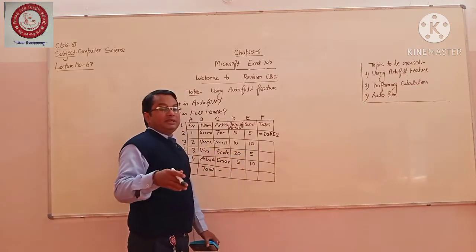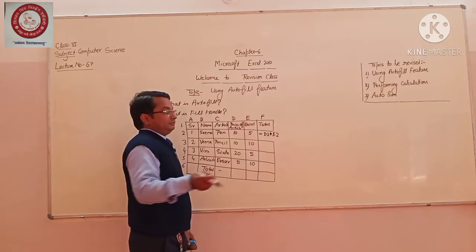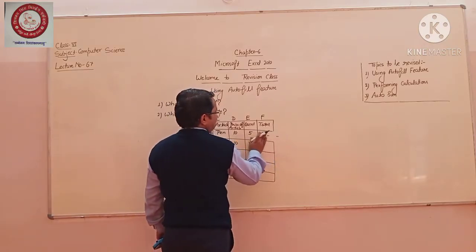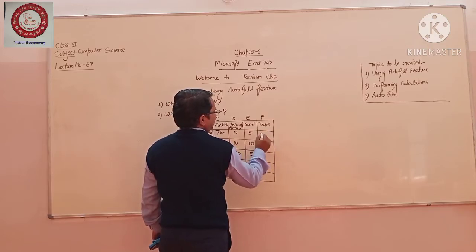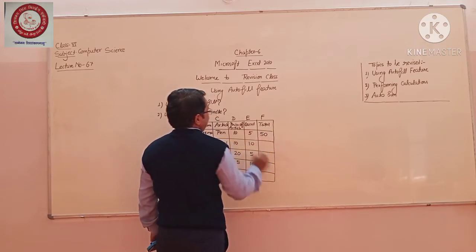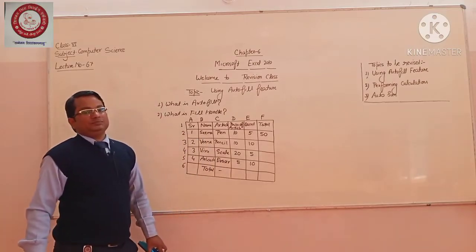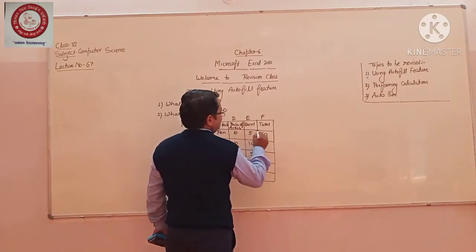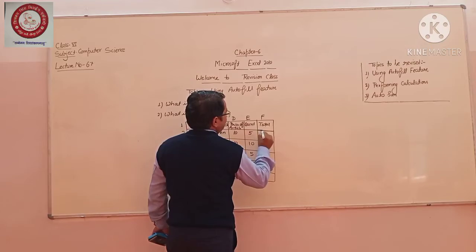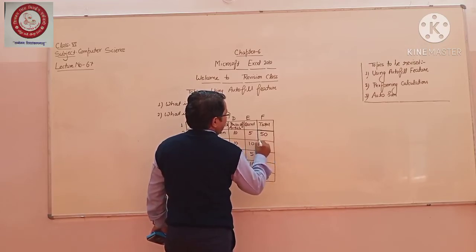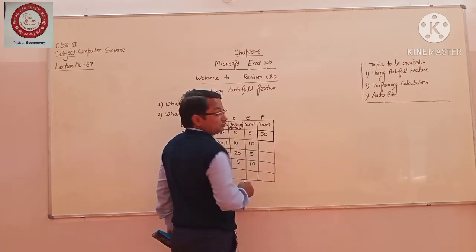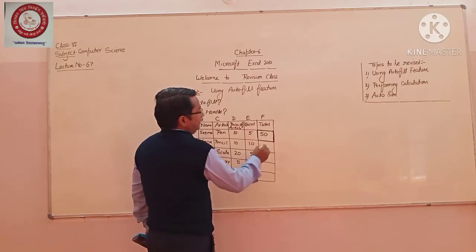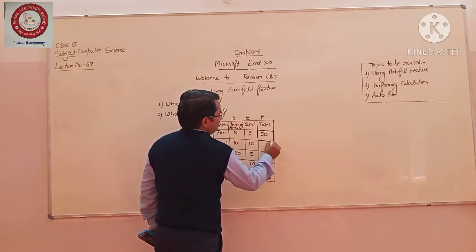Once you press the enter button, what will happen? The formula will be automatically erased, and you will get 50. Now this is your active cell, highlighted with a black border, and here you will get a plus sign.